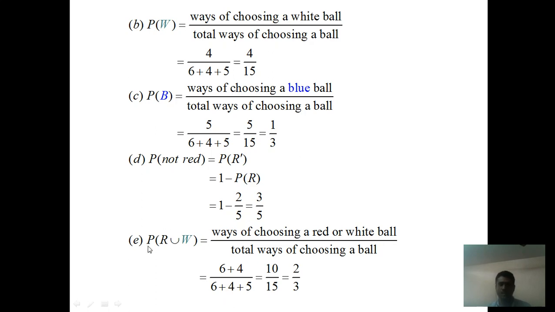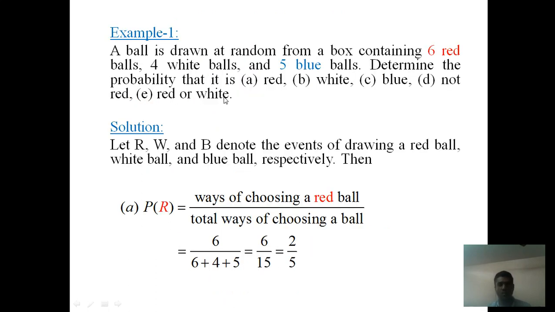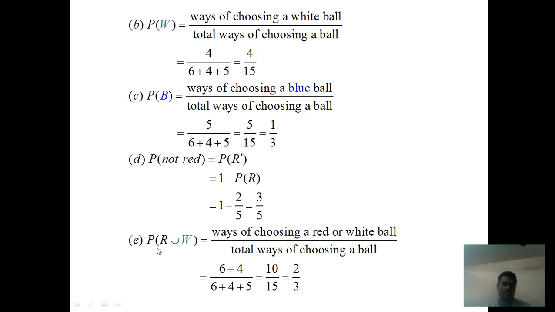The probability of red or white: R stands for red, W stands for white, and union represents OR. The ways of choosing a red or white ball upon the total ways of choosing a ball, total 15 balls. The number of red balls is 6, and in the box there are 4 white balls, so it's 10 by 15. Simplification leads to 2 by 3.